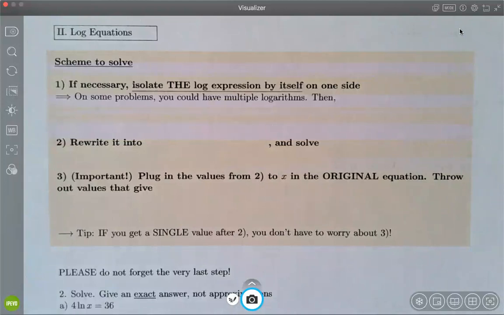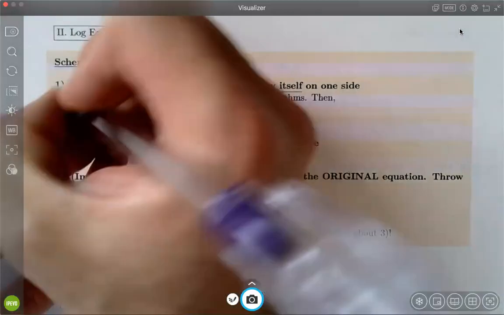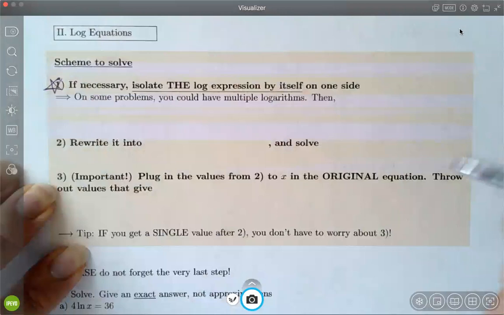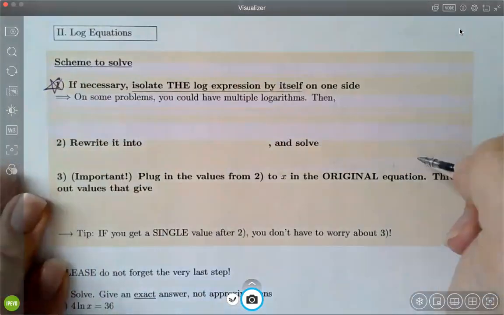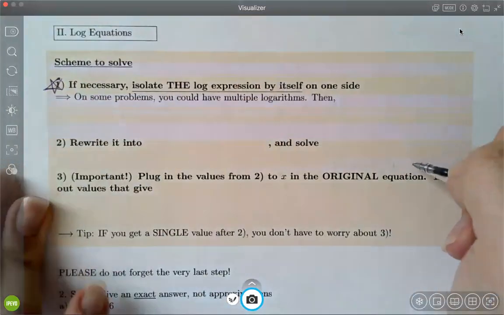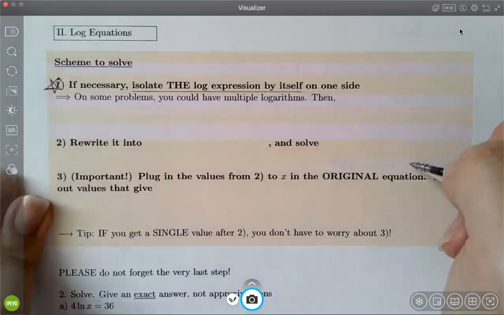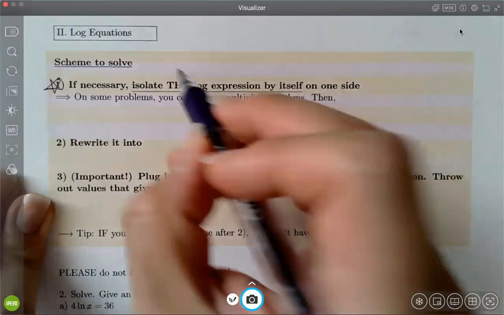How? Well, here's the scheme. Number 1, if necessary, isolate the log expression by itself on one side. That looks similar, right? In the exponential case, we have to isolate the exponential term. Here we have to isolate the log expression by itself on one side.